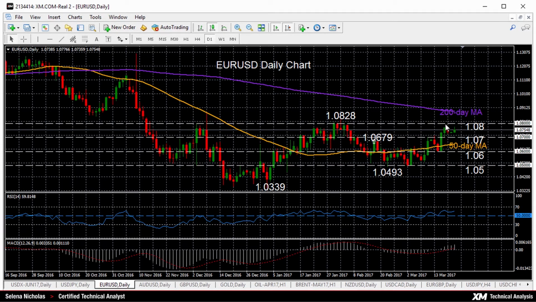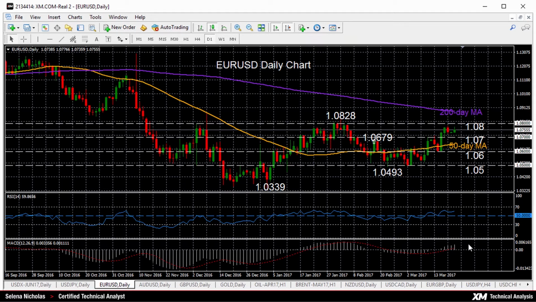So these are key barriers to the upside. If we look at the RSI, it's trending up, so it's pointing to a bullish short-term bias as well. And the MACD histogram is above 0, and that's also adding to the bullish bias.